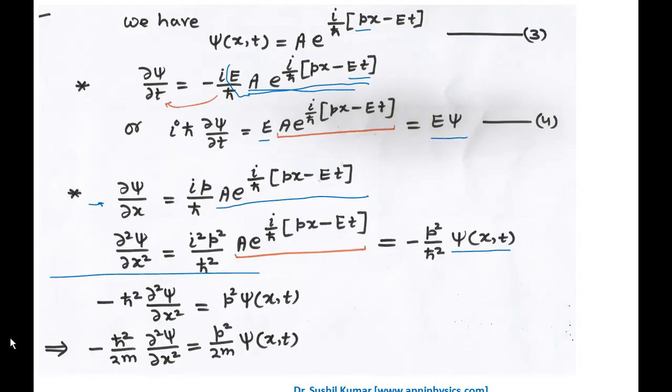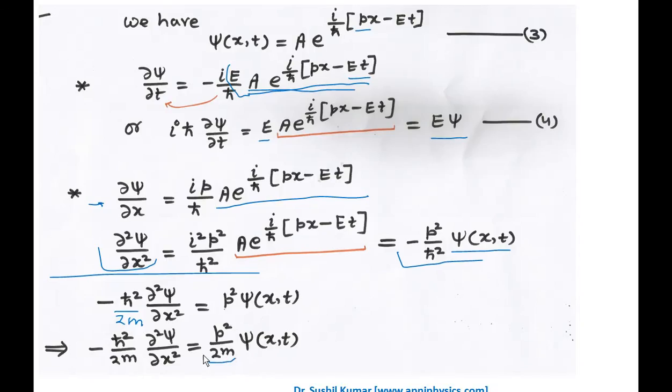So rearranging the terms, this is equal to minus p square upon h cross square psi, so this can be written as minus h cross square del 2 psi upon del x square is equal to p square psi, and dividing both sides by 2m, so minus h cross square upon 2m, d2 psi upon dx square, again divided by 2m, is equal to p square upon 2m psi.